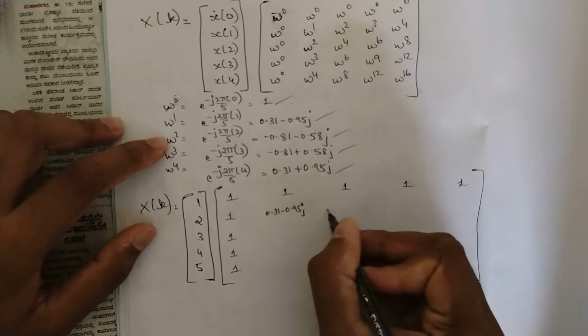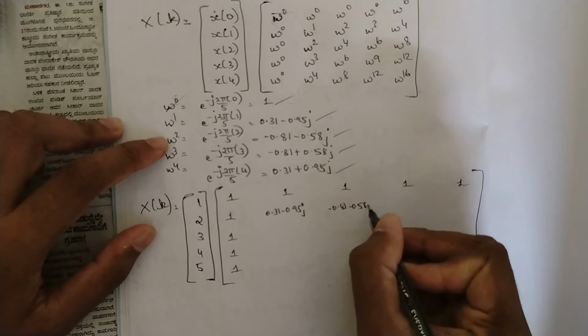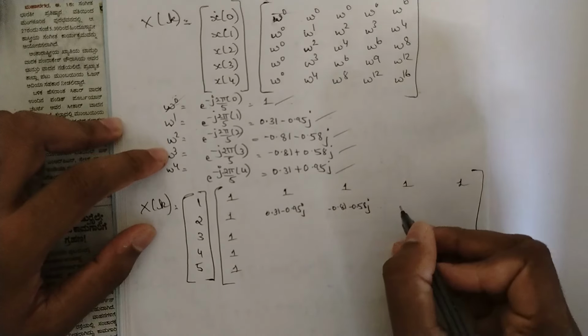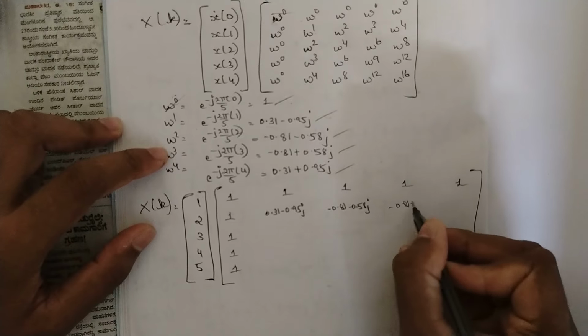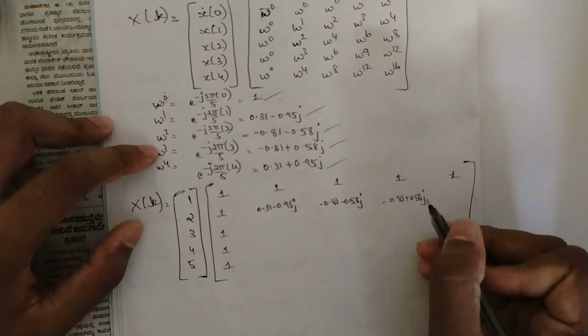Then w power 2 is minus 0.81 minus 0.58 j. w3 is minus 0.81 plus 0.58 j. If it's not visible, I'm telling it from my mouth, so please listen and write it. And w4 is 0.31 plus 0.95 j. Okay, these are the values for 1 2 3 4.